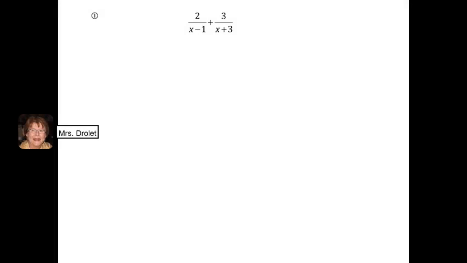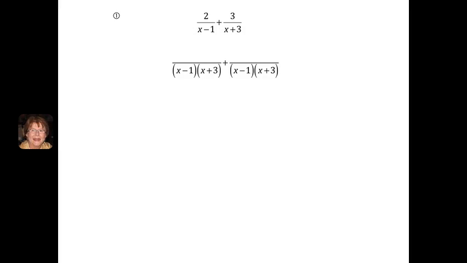We're adding rational expressions. Whenever we add rational expressions, we must make sure that we have a lowest common denominator. But first, remember, if you can factor either the numerator, the denominator, or both, go ahead and do that. We don't in this case. We've got to find a lowest common denominator.